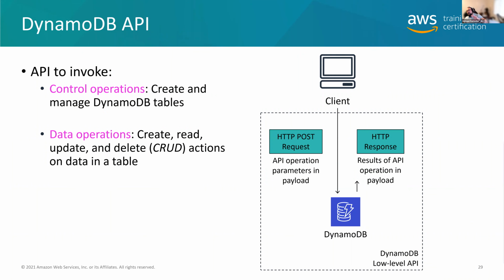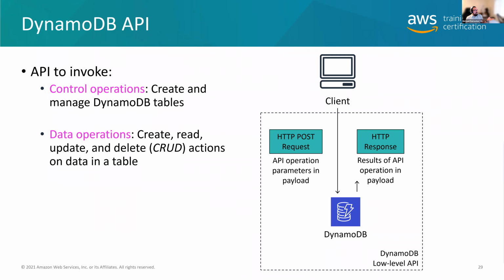Since this is serverless, DynamoDB is fully integrated with IAM, because it's not a separate system. It's integrated with AWS. There are control operations, data operations, and also stream operations. I'm not sure, am I missing something?